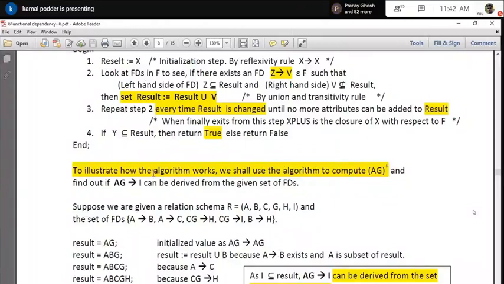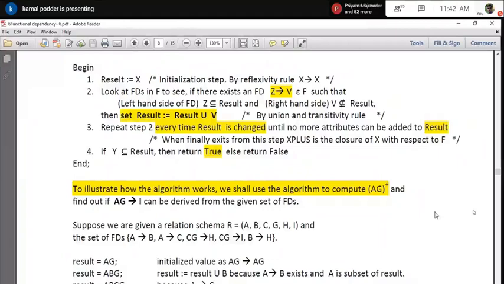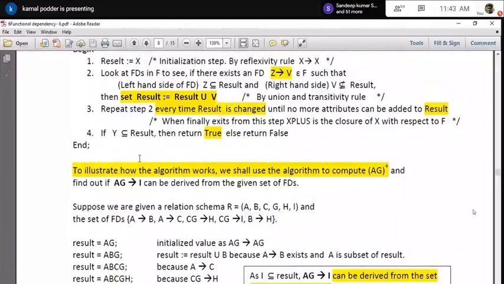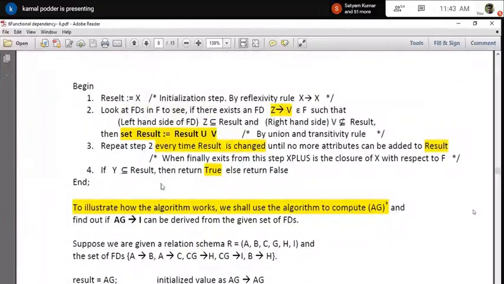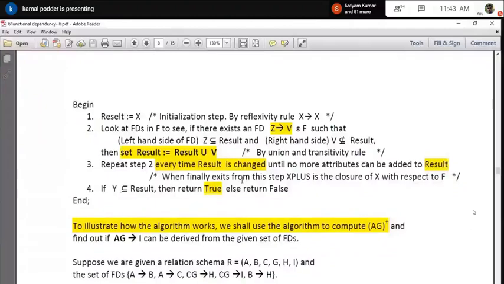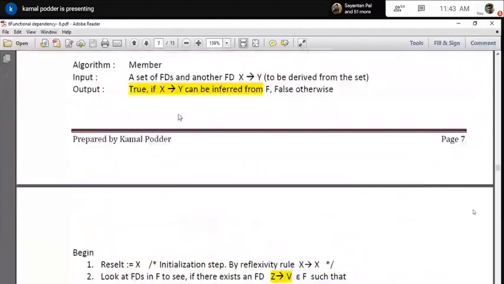Manually we will see that it is very simple to find out. That means you have to take every FD, check whether the left hand side is there in the result or not. If it is there, then check whether the actual right hand side is already included or not. If it is not included, include that. In this way, you are creating the result by examining all these things. After creating the result, you have to check whether Y is in the result or not. If Y is in the result, then you can say that X to Y, this particular FD, can be inferred.